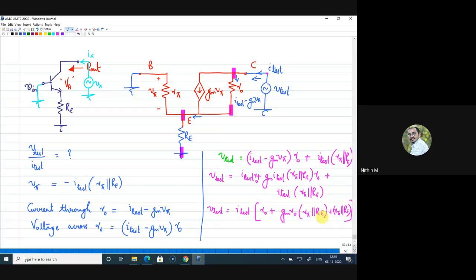Right. So this is what we have. I hope this is clear. So from this I can write what is V test by I test. Let me take this to the next page.